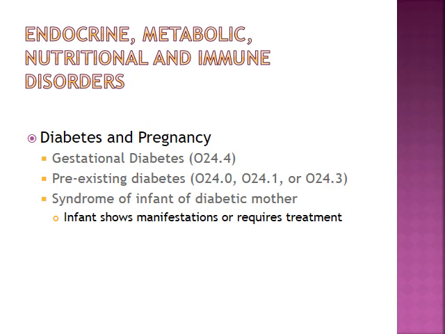Pregnant ladies who had diabetes prior to becoming pregnant are coded to pre-existing diabetes in pregnancy. Pre-existing diabetes is coded based on the type of diabetes to subcategories O24.0, O24.1, or O24.3 with the appropriate additional characters.